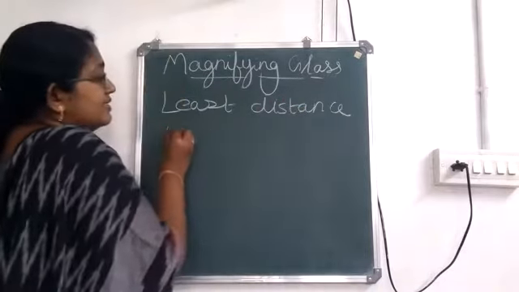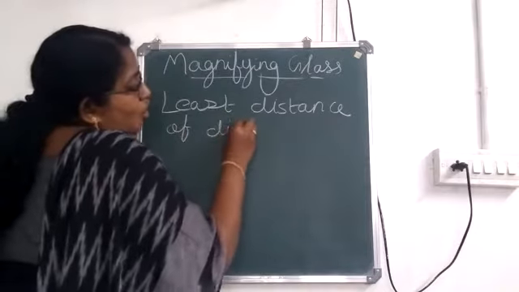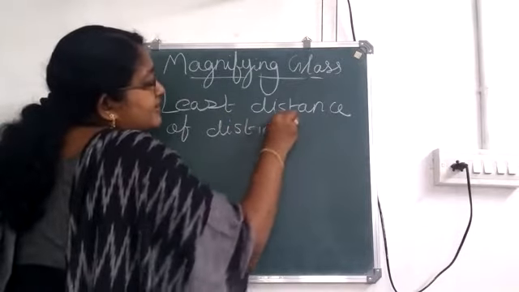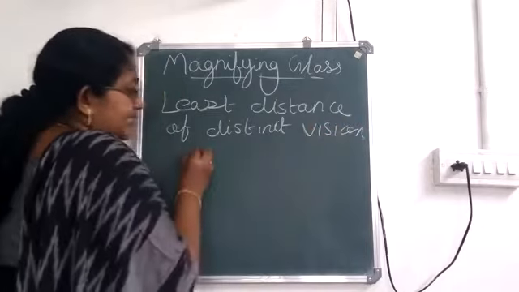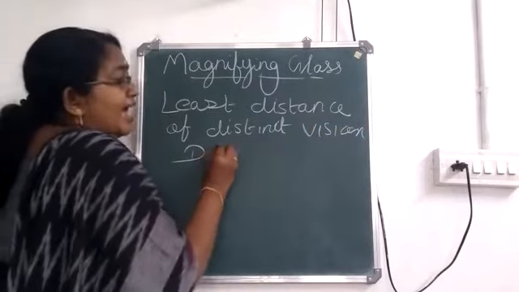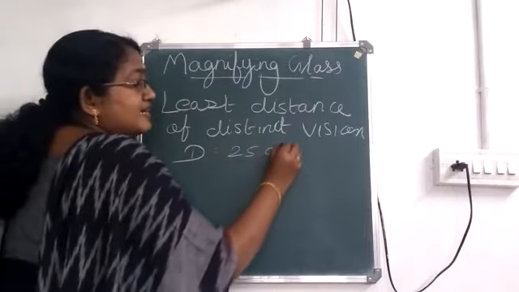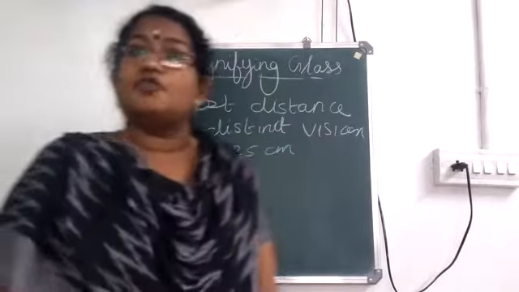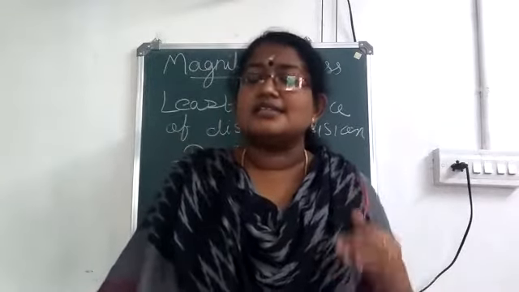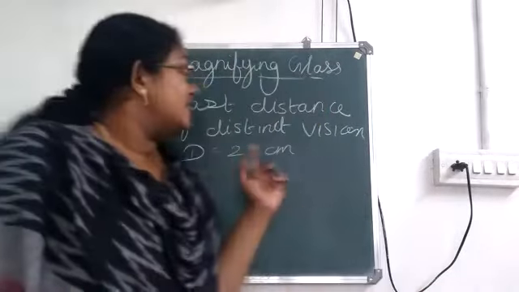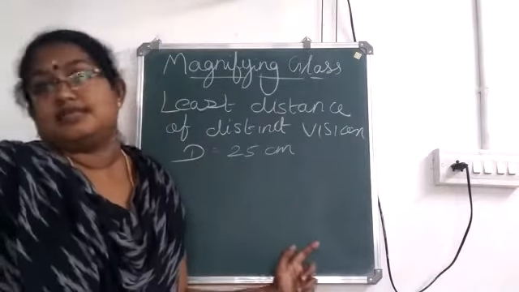Okay, least distance of distinct vision. It's represented by the letter capital D and it is equal to 25 centimeter in the case of a normal eye. For a normal eye, least distance of distinct vision is equal to 25 centimeter.